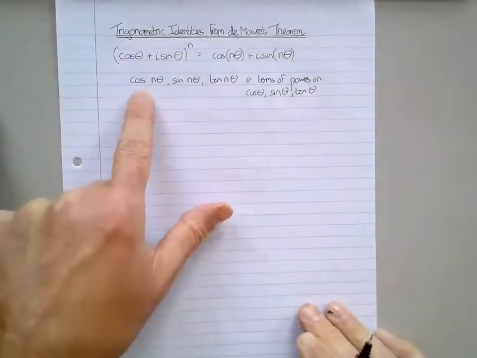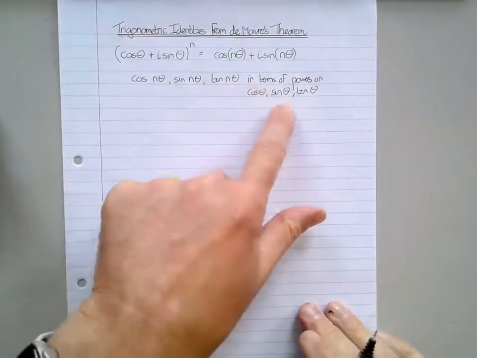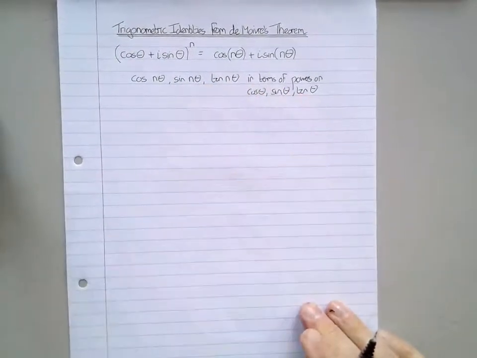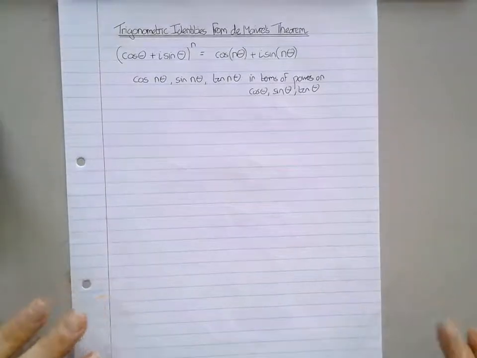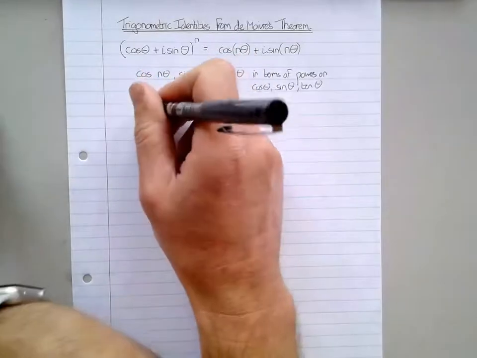So if we're doing cos theta, we'll write it in powers of cos theta, sine we'll write in powers of sine theta, and tan we'll write in powers of tan. Now, just to give you an example of what I mean by this.